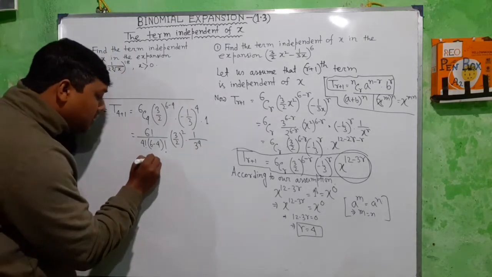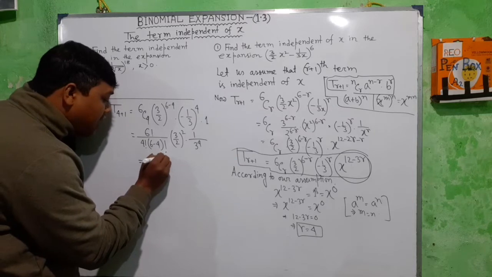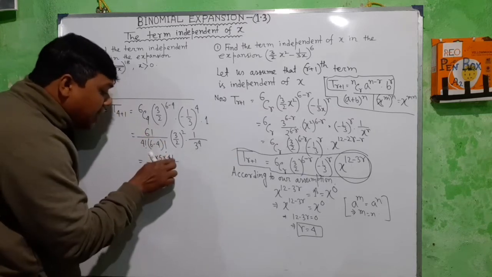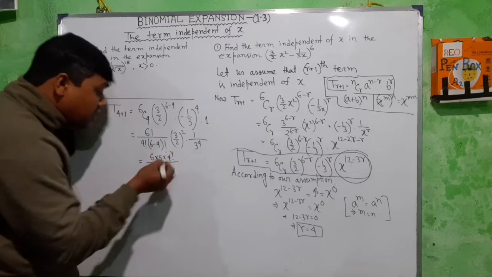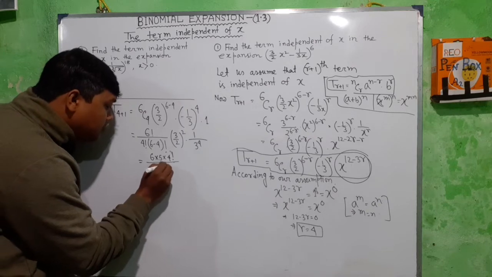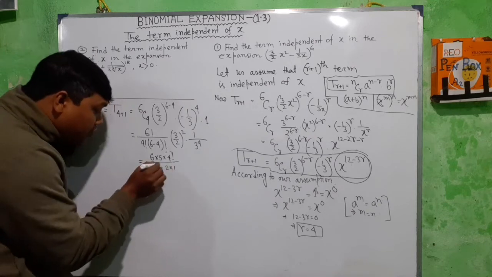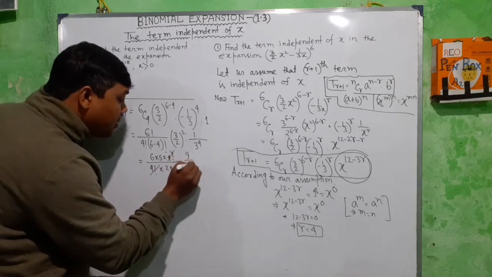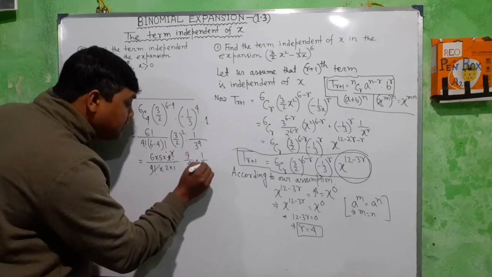So after some calculation, 6 into 5 into 4 factorial, we have done it elaborately in the nCr and nPr session. Okay, so 4 factorial, and 2 factorial means 2 into 1, so 4 factorial cancelled. This is 9 by 4, and this is 1 by 81.